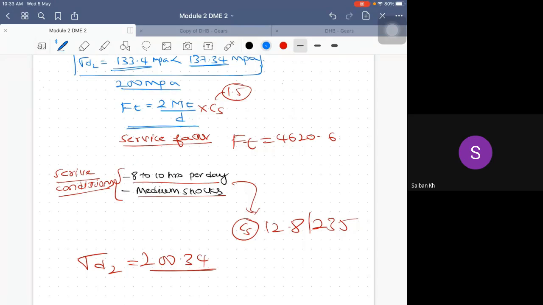It is not less than 137.34. So what do you have to do? Whatever applied stress value we have got is not less than 137, which is the allowable stress value. So what is the next step?